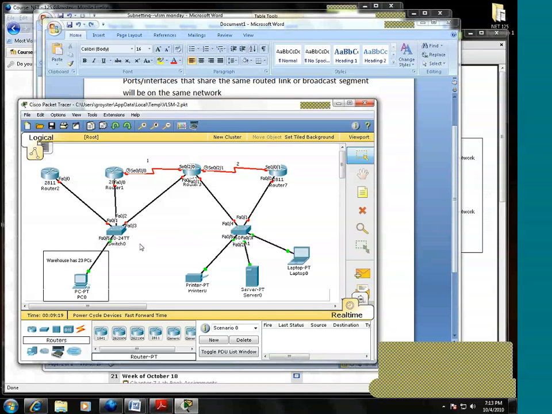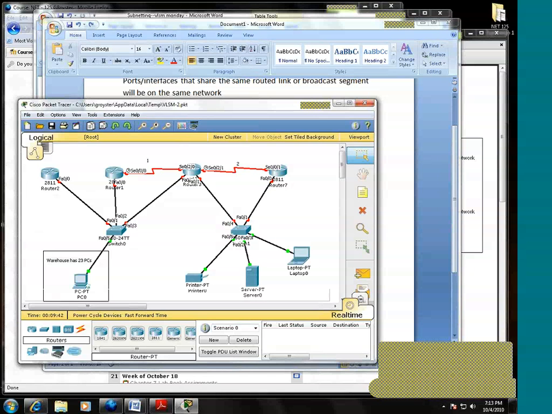So in essence, if we look at this rule here, these 3 devices, this interface and this interface are on the same network, because they share the same broadcast segment. It means that if you send a broadcast out, it'll hit every device on that broadcast segment, hence those devices are on the same local area network.